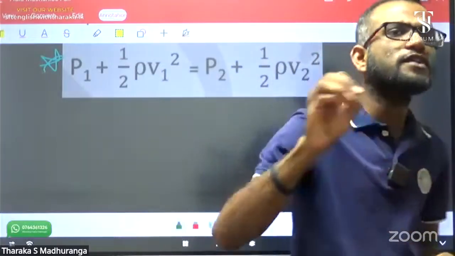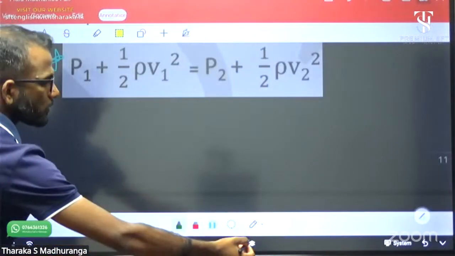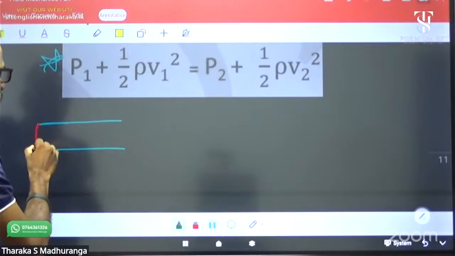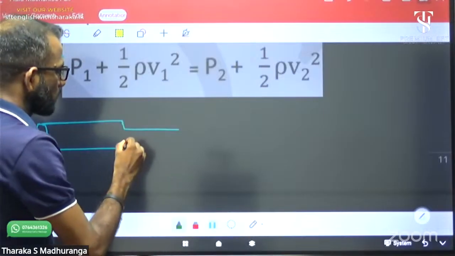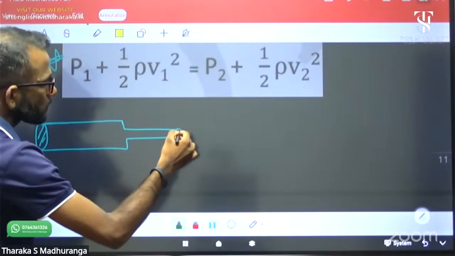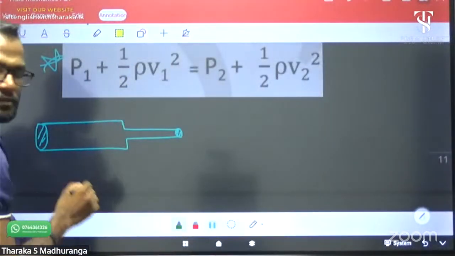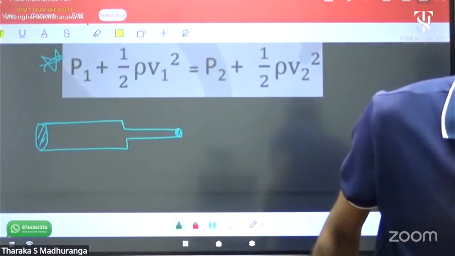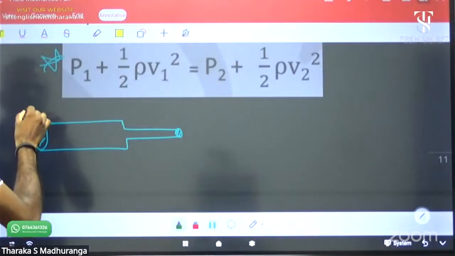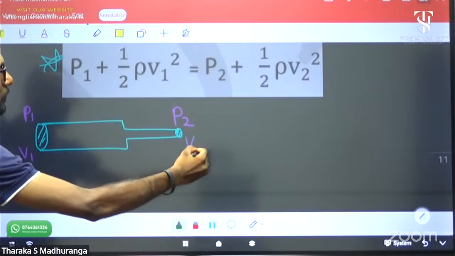If there is a high velocity flow of fluid, now think about this type of pipe, at the same height level. Now it is P1, P2, V1, V2.